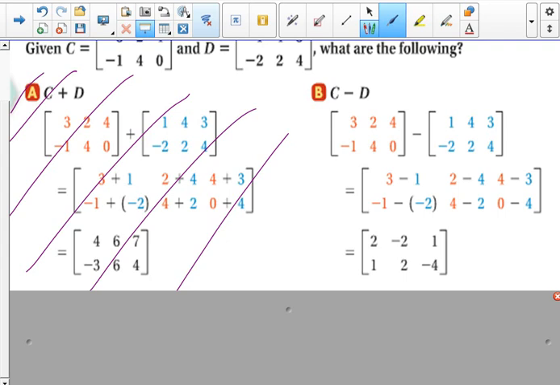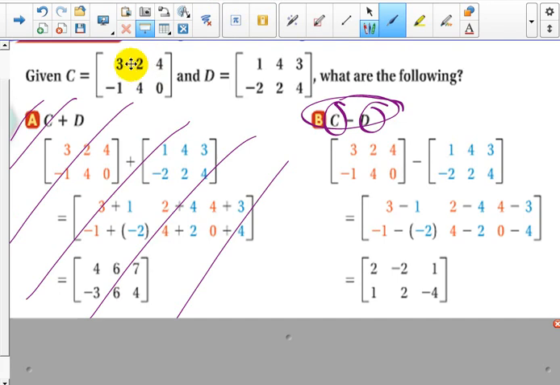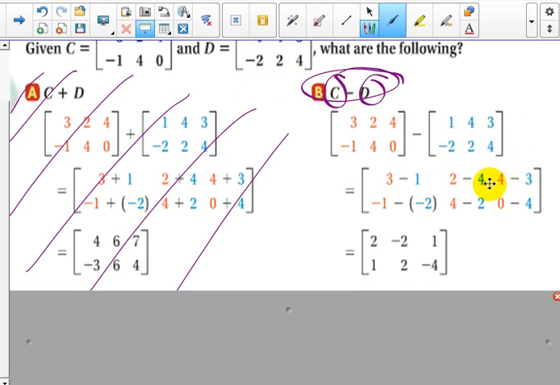So now we have C minus D, and pay attention to what's first. So the matrix C goes first, and we're going to subtract from that D. So they've copied them again, 3, 2, 4, negative 1, 4, 0 in red, and then D is 1, 4, 3, negative 2, 2, 4 right there. So now let's subtract.